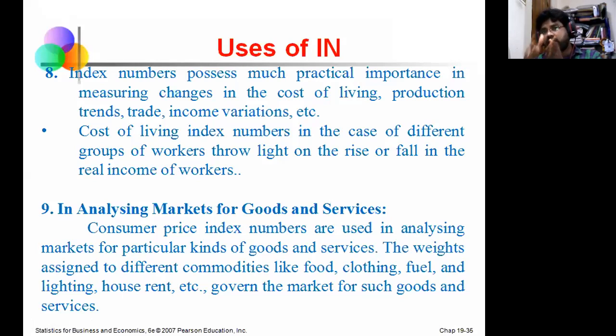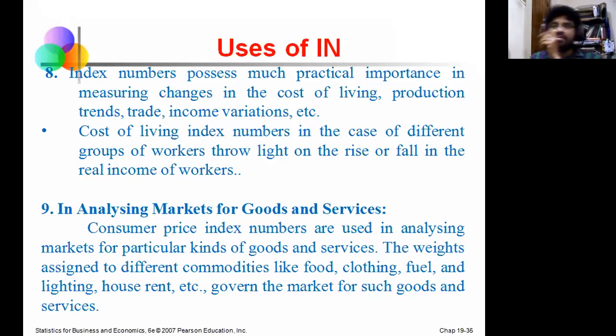These are what we can take into consideration on the basis of expenditure, how much quantity you are purchasing, food and cloth and fuel. For example, if fuel price is 90 rupees or 88 rupees per liter, how many liters are you going to purchase? That's the quantity you should consider.